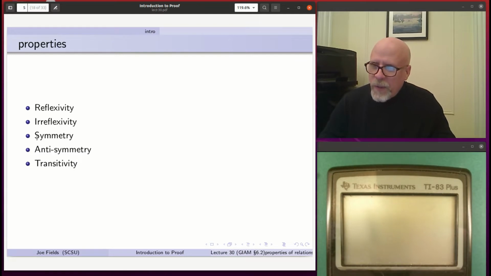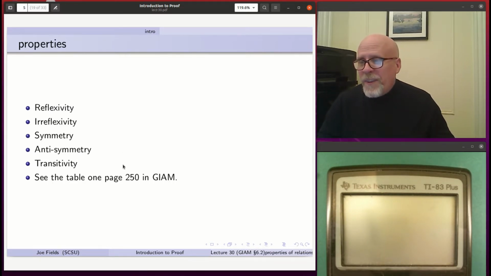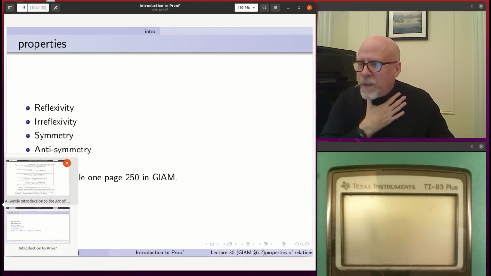So again, you might say the symmetric property, or the antisymmetric property. You could say the transitive property, or you can be a little more fancy and say transitivity is the property that the relation enjoys.